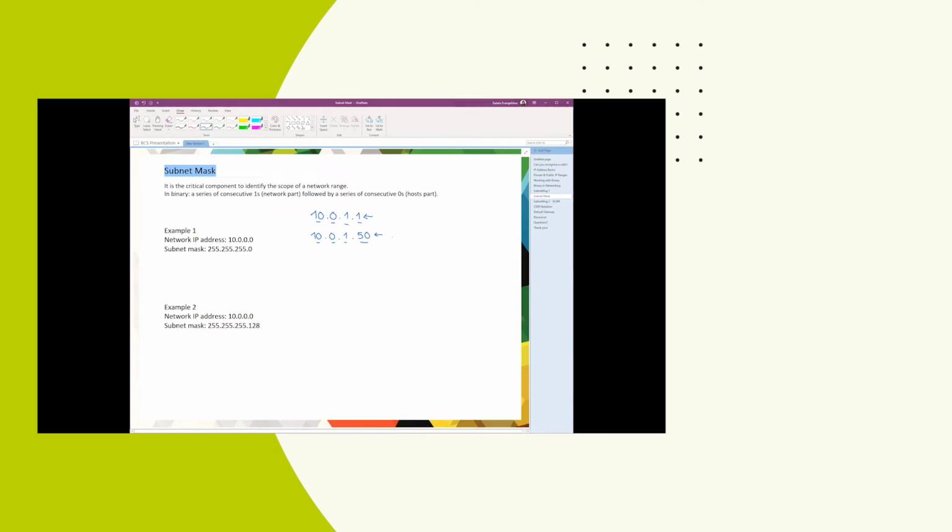No, we cannot say that because there is a very important part missing from here, which is the subnet mask. The subnet mask is the piece of information that will tell me if these two IP addresses belong to the same network.